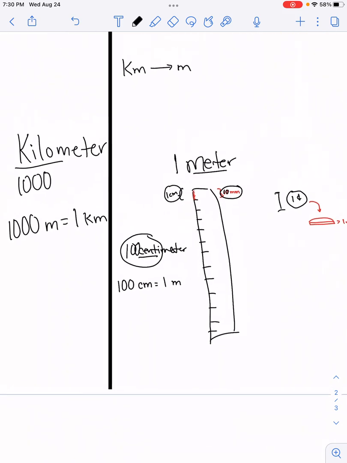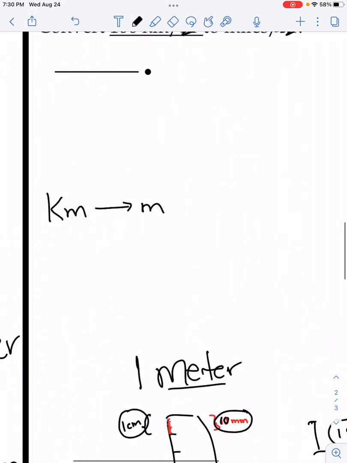So we're going real small here. I took a big distance, made it to something close to a yard, and then made something that's the width of a penny. Whoops, cm.